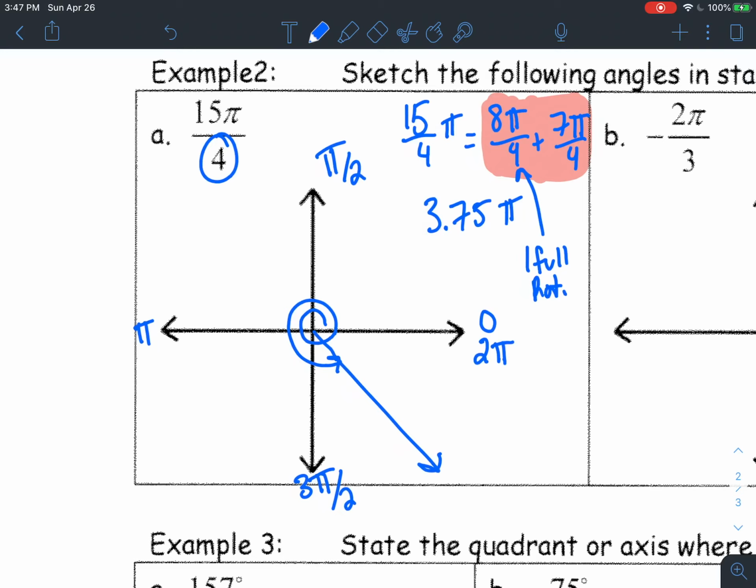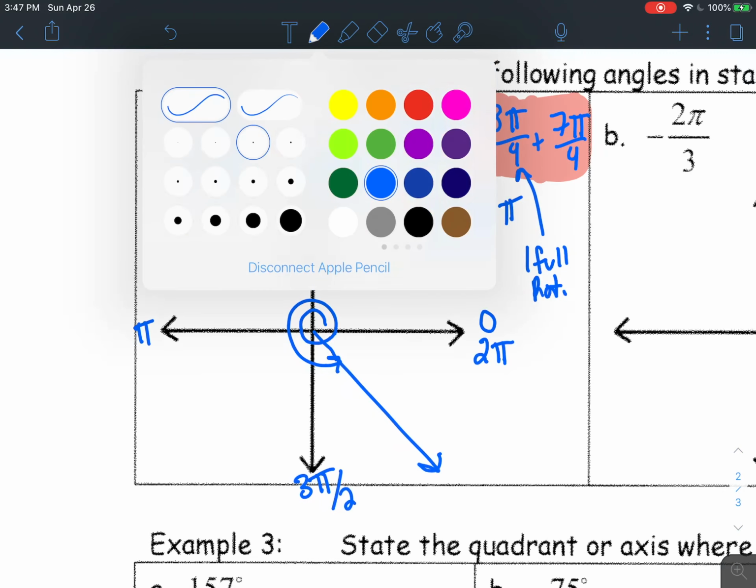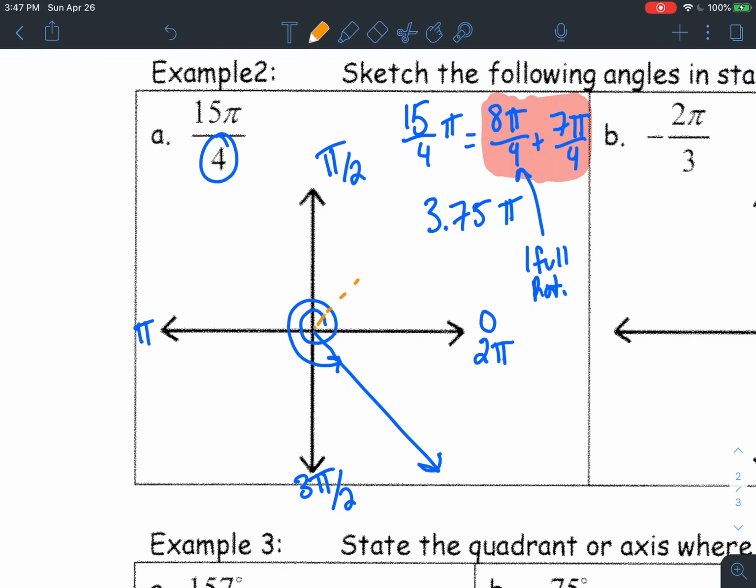So halfway would be pi. A quarter of the way would be pi over 2. So then what I'm going to do here in orange, each of these pieces is a pi over 4 slice. So all of these little dots in there, each of those is a pi over 4 slice.